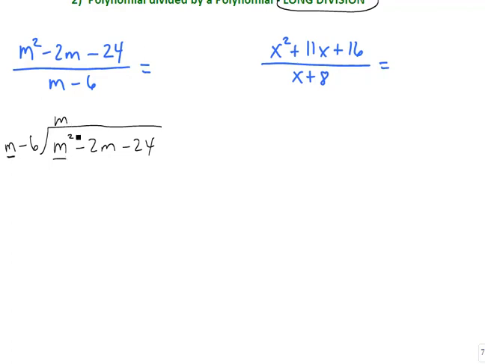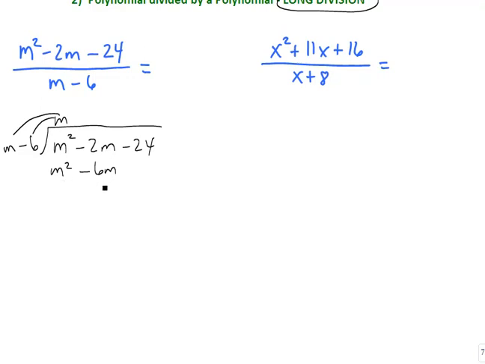M times m. Now we're going to want to distribute that m across to both the m and the minus 6, and we're going to line that up underneath. So if we do that, m times m is m squared. Negative 6 times m is minus 6m. So line that up, and when you line these up, make sure you're lining up like terms with like terms.